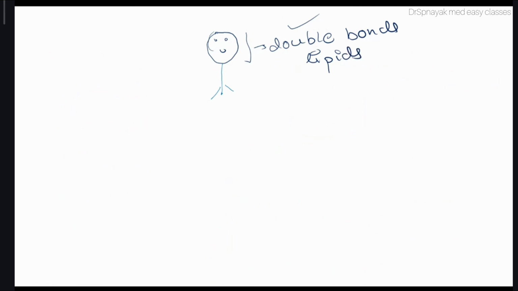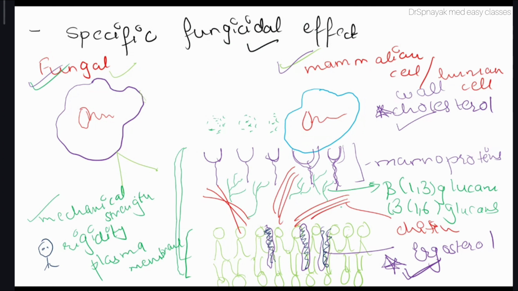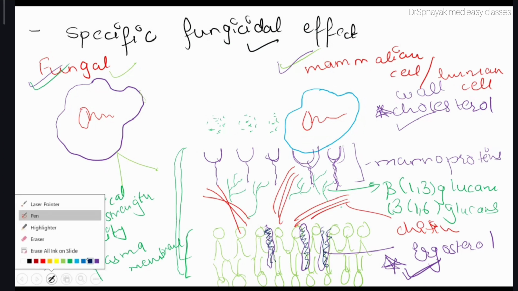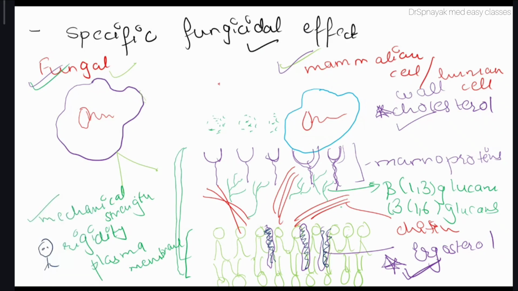The hydrophilic segment, which contains a lot of hydroxyl groups, will bind to the water molecules. And what will happen? It will bind to the ergosterol, and it will create a pore in the cell membrane of the fungus.